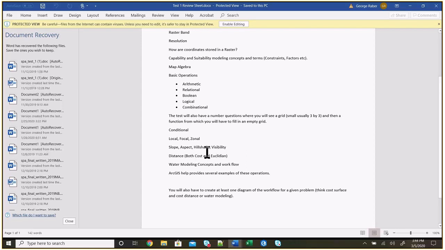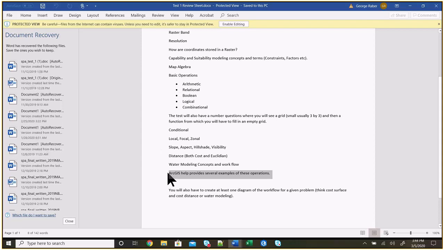What does cost represent? Well, cost can be anything. It could be dollars, it could be time. It's an impedance factor. It's the cost for traveling through that cell. So you should understand that. Okay. And then what we did today, the water modeling concepts and the workflow. I think that sometimes it's helpful to go back and look at the ArcGIS help for the operation.